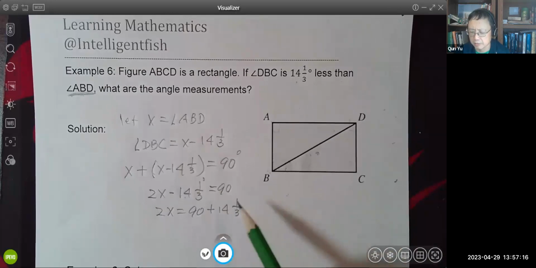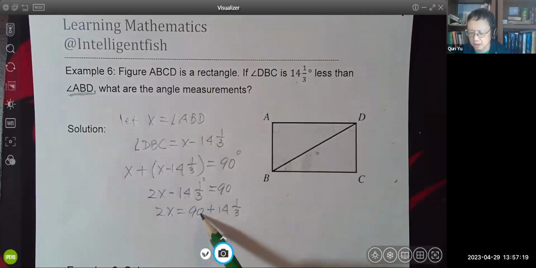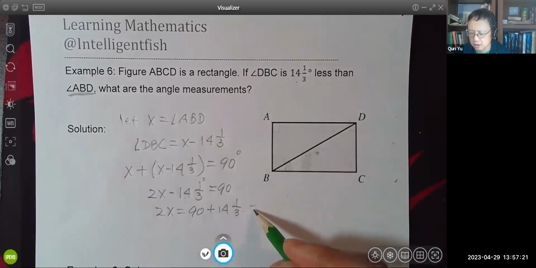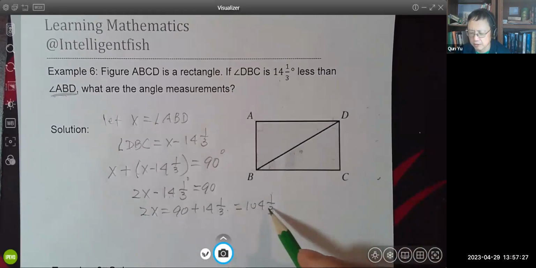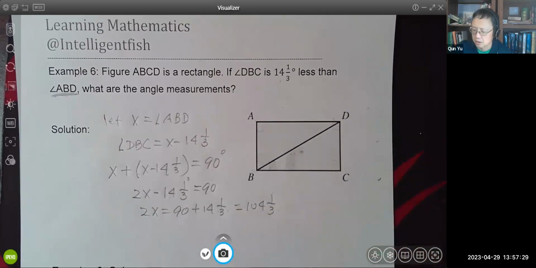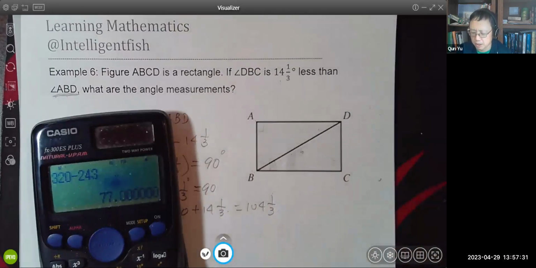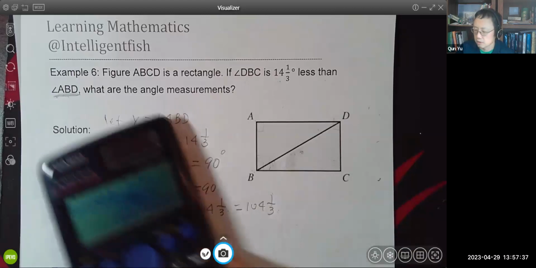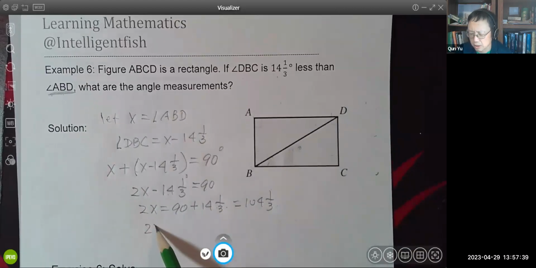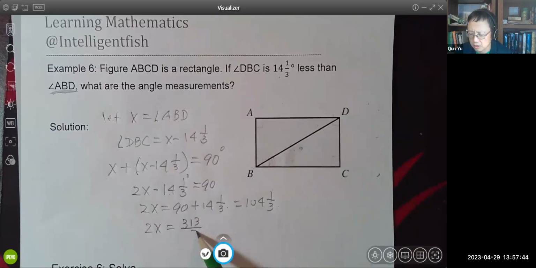Now we need to divide by 2 on both sides, but we need to combine them together first. So this is 104 1/3. Now we need to convert this to an improper fraction. So 3 times 104 plus 1 is 313. So 2x equals 313 over 3.